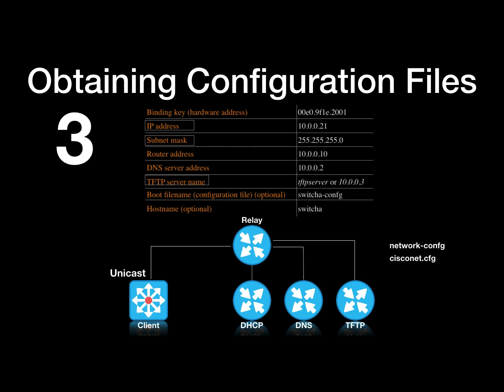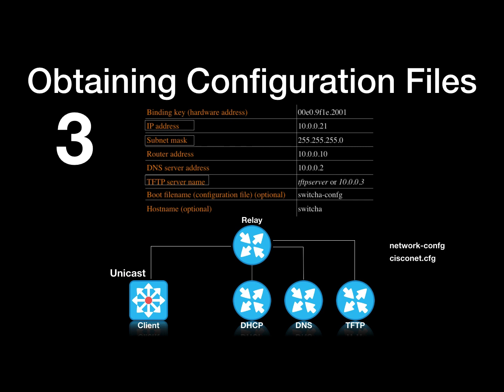If the network-confg file cannot be read, the switch reads the cisconet.cfg file. The default configuration file contains the host names to IP address mapping for the switch. The switch fills its host table with the information in the file and obtains its host name. If the host name is not found in the file, the switch uses the host name in the DHCP reply.